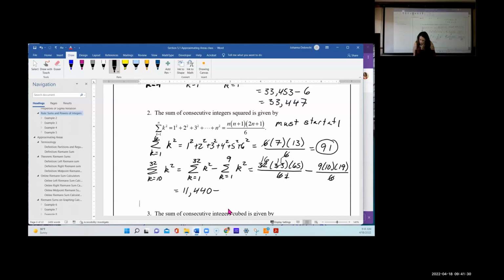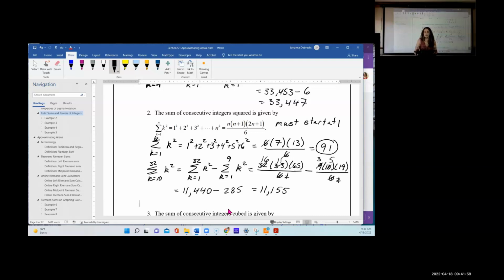And then 3 and 9 are both divisible by 3, and then 2 goes into 10, which leaves 5. So 15 times 19, which is 285. And you get 11,155. Now, there's no way that I could have done that by hand in anywhere near that amount of time.